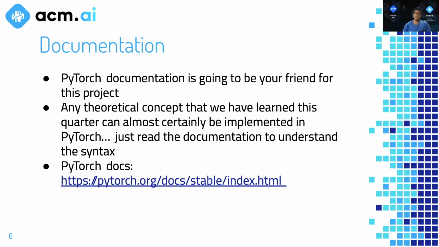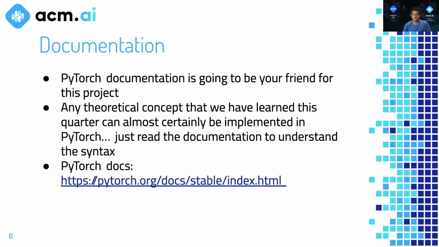We'll need to implement convolutional layers, pooling layers, and decide on kernel sizes and sizes of input and output channels. The syntax for that can get confusing if you don't know how to code it, so having the documentation open is a really good idea. It's pretty much going to be your best friend.